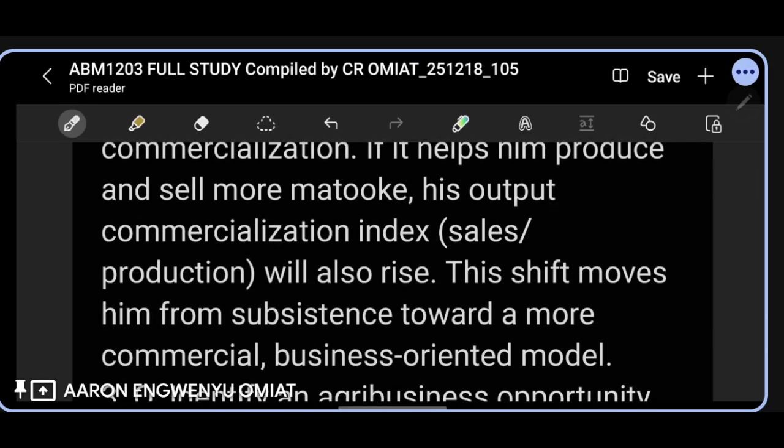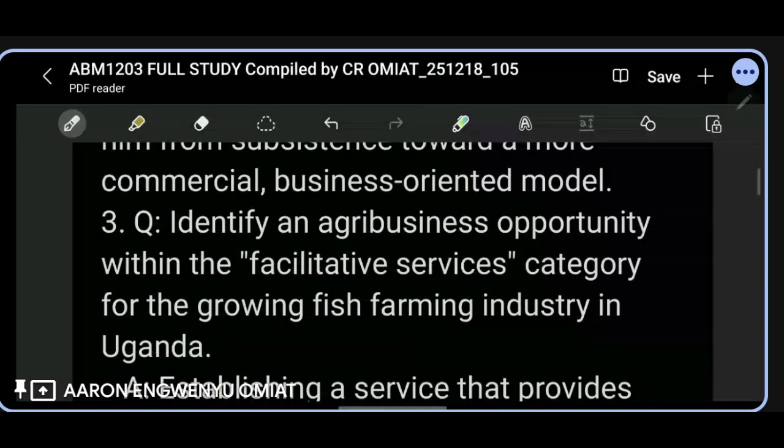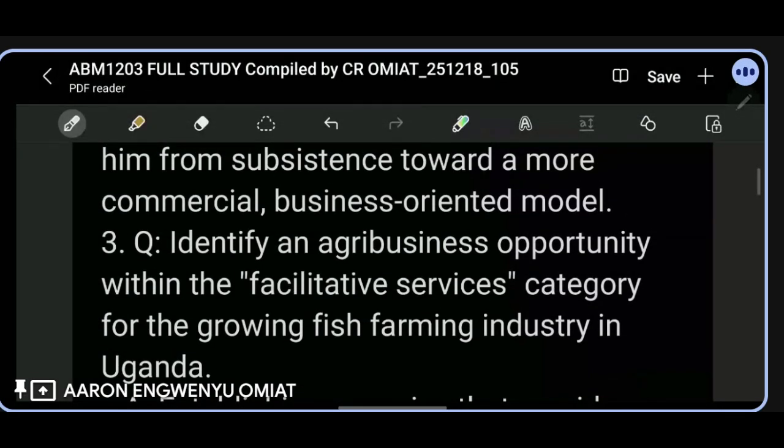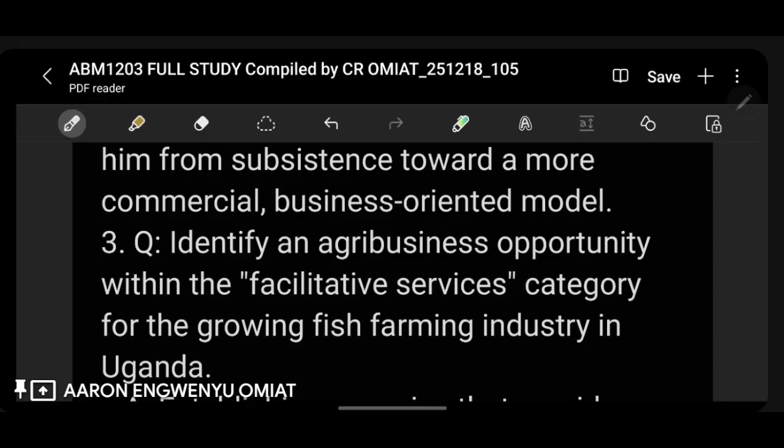Okay, thank you, Essie. Jaren, this is yours. Identify an agribusiness opportunity within the facilitative services category for the growing fish farming industry in Uganda. For fish farming, I would say transportation.